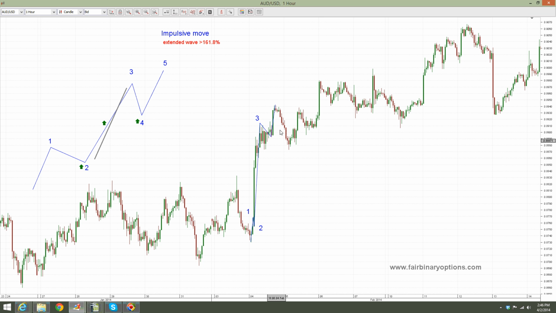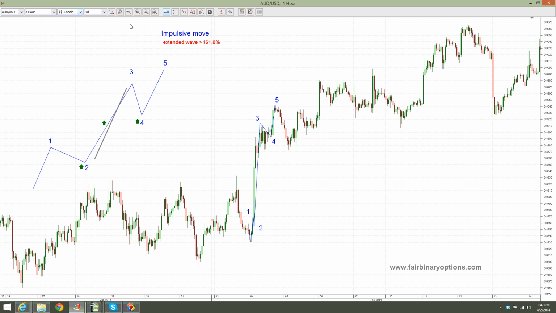Then of course our fourth wave, either this small one here and the fifth, or A, B, C, D, E, and this one to the upside as well. It doesn't really matter. The extension rule is still there. So the fourth wave to be done here, and the fifth wave to be done here.